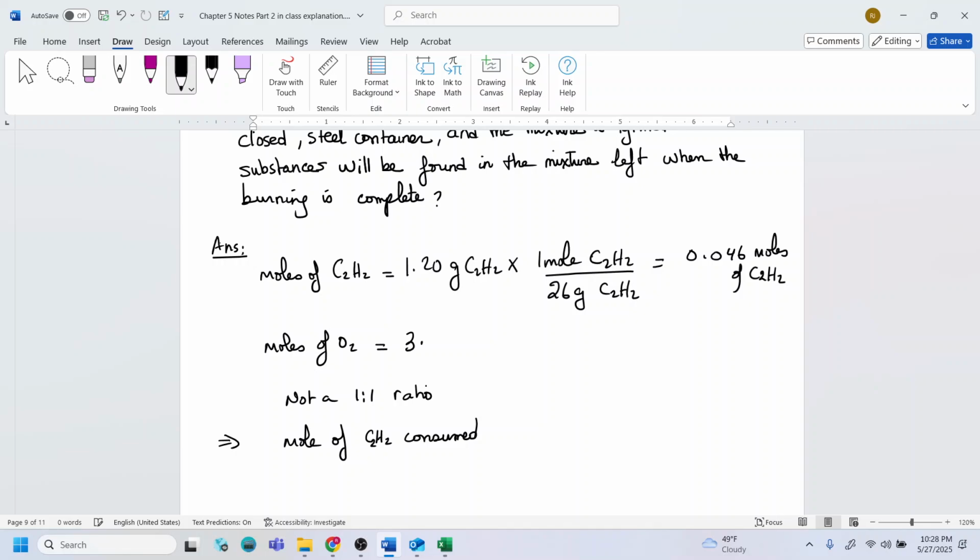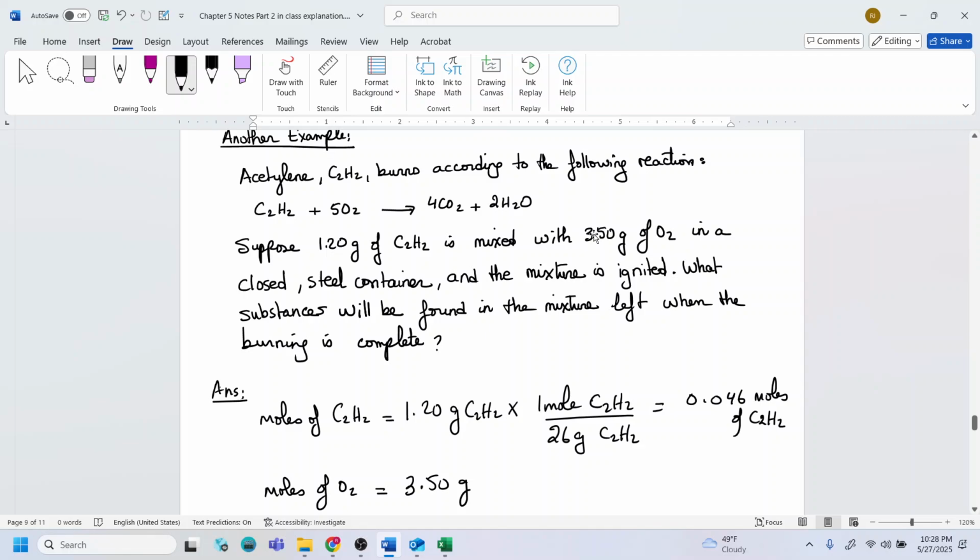I'm starting with 3.50 grams. They are giving me 3.50 grams of oxygen, and I am going to divide it with the molecular weight of the oxygen. This is 32 grams of oxygen, and I'm going to get the moles of the oxygen.